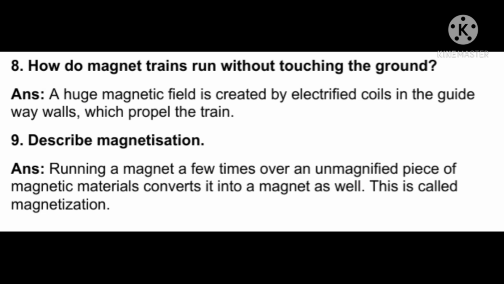Running a magnet a few times over an unmagnetized piece of magnetic material converts it into a magnet as well. This is called magnetization.